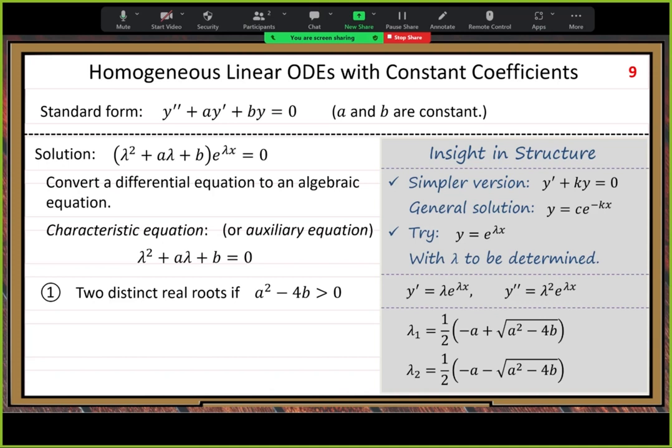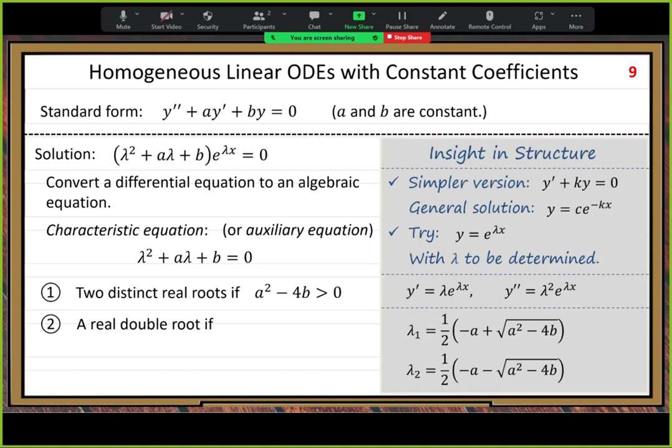Here we assume in the first case, what are the 2 solutions? Can you give me quickly what are the 2 solutions? Y1 replaces lambda by lambda 1, right? Y2 replaces lambda by lambda 2. That's it. That's all you need.